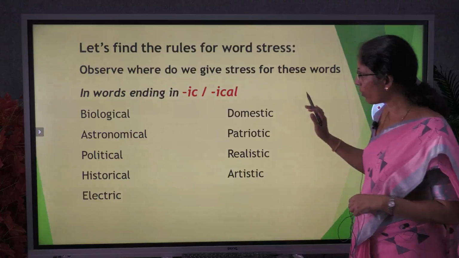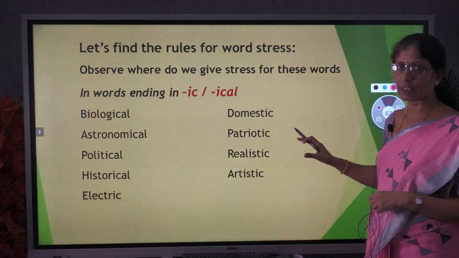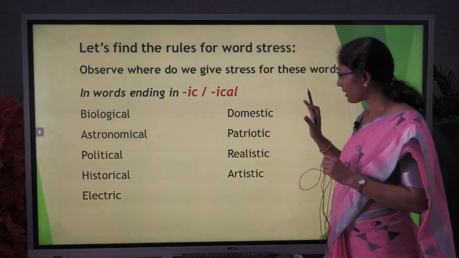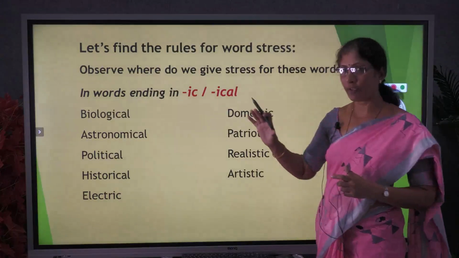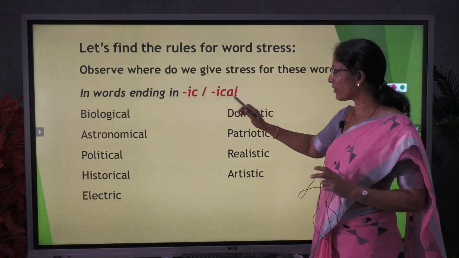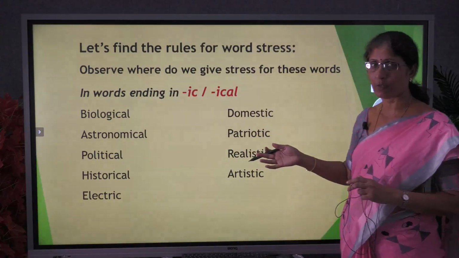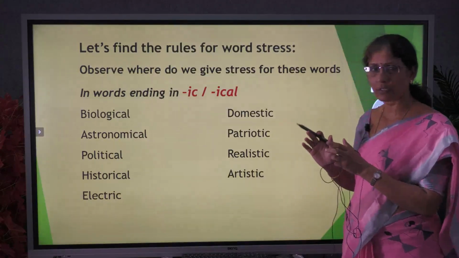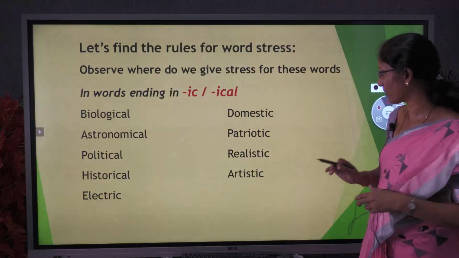But we don't count how many syllables are in the suffix itself; what we count is that the syllable before the suffix will receive the stress. You don't mind whether the suffix has one syllable or two syllables. So you take the suffix as a unit and you give stress on the syllable before the suffix.